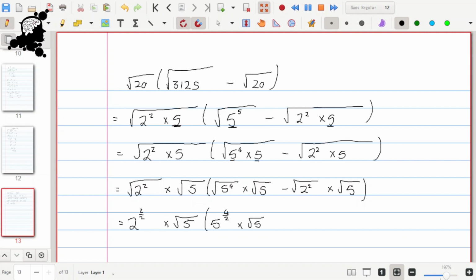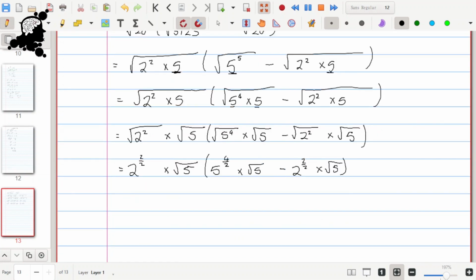Times the square root of 5, minus 2 to the power 2 over 2 times the square root of 5. When we simplify this, we're going to get 2 times the square root of 5 into 5 to the power 2 times the square root of 5, minus 2 times the square root of 5.